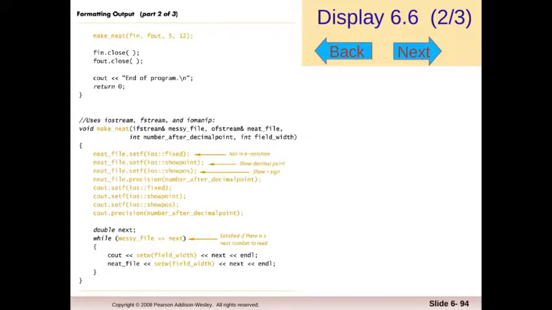So this will be true when this can be done. And in that case, we have something in next that needs to be output. So we output it to cout, but we want to output it in a field of width, field width. So first we insert the IO manipulator setW field width, to prepare a field of that width, and then we insert next, and we have to do the same for neat file.